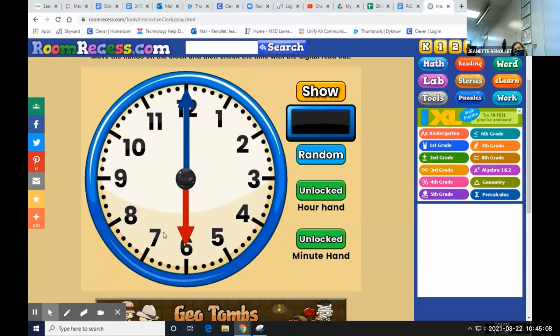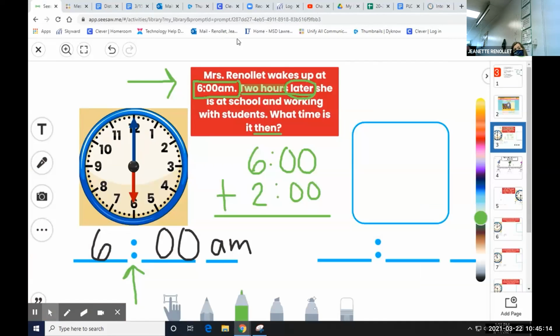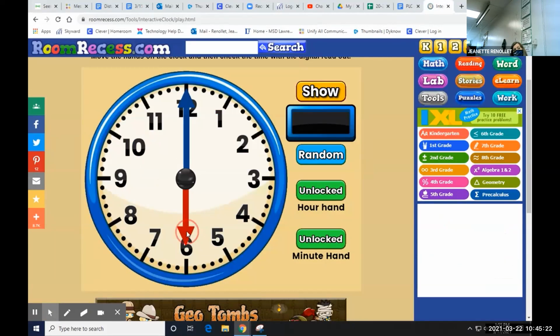You will match your clock to the start time. This clock says 6 o'clock. Then I'm going to show what happens when 2 hours later has passed. I can take my hour hand and move it forward in my day, adding 1 hour plus 1 more hour.